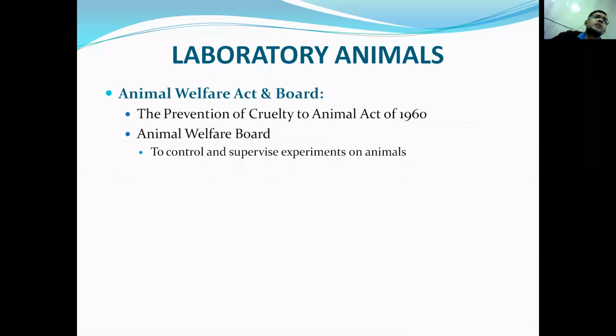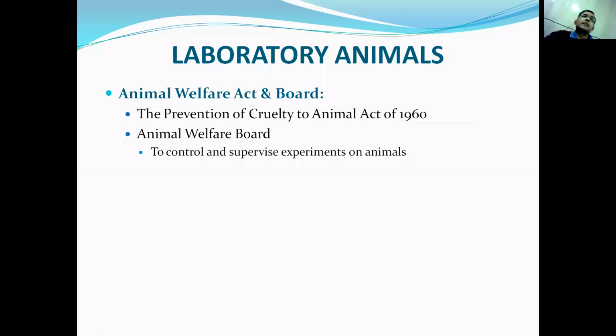Before concluding this class, the last thing I just want to narrate is this buzzing word: animal welfare boards and acts are regulated at different places, even at the international level. In India, the Prevention of Cruelty to Animals Act was enacted in 1960, and later on the Animal Welfare Board was formulated, and under the Animal Welfare Board different acts came.